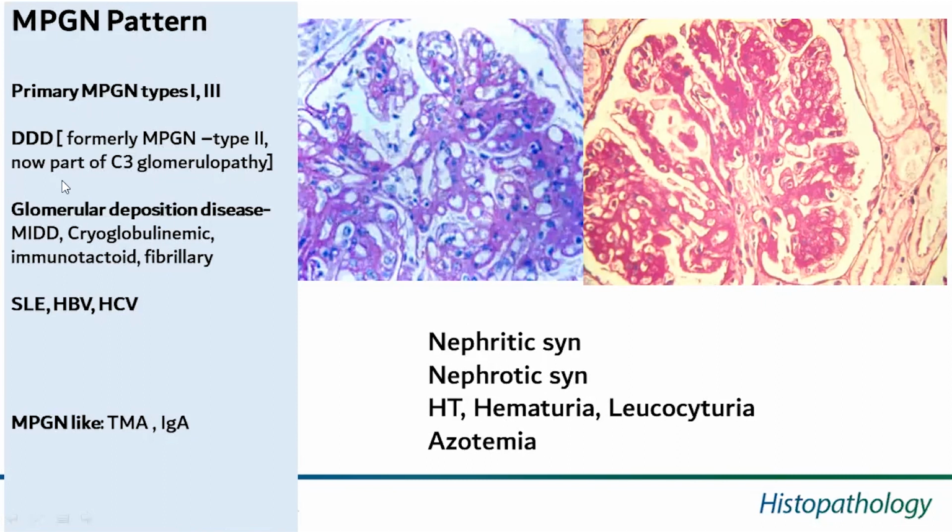Yet other examples of MPGN are glomerular deposition disease due to presence of monoclonal immunoglobulins, cryoglobulins, immunotactoid, and fibrillary. SLE, hepatitis B, and HCV can all result in glomerular diseases with MPGN pattern. And not to forget, an MPGN-like pattern can also be seen in thrombotic microangiopathies and IgA nephropathy.